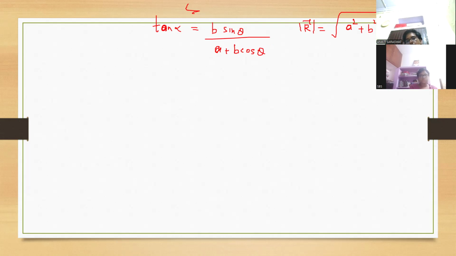When will this mod R be maximum and when will this mod R be minimum?